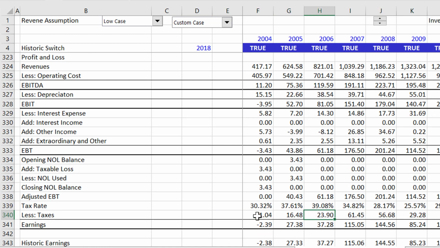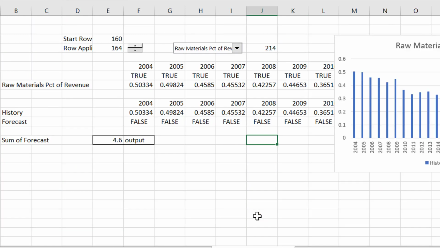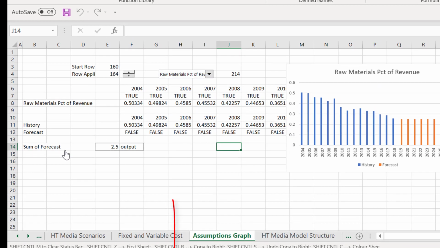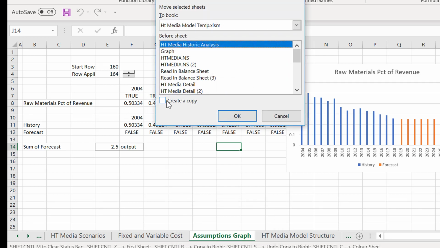Now the final thing I think we should do is I made this assumptions graph, and right now it's kind of silly. I'm just going to, instead of the custom case, put it back to the base case. Okay, and we might want to make another page of it.